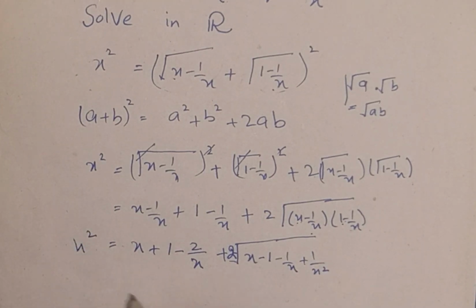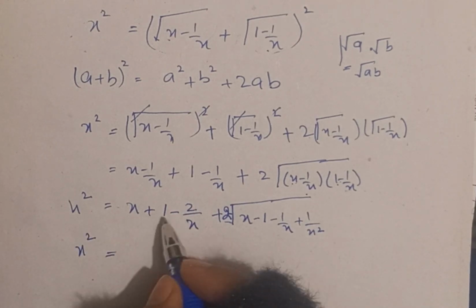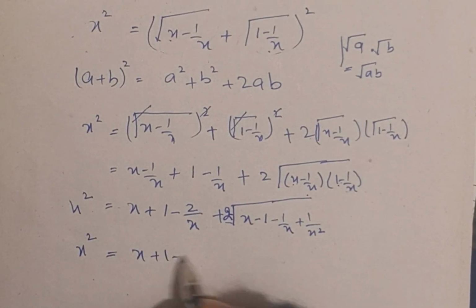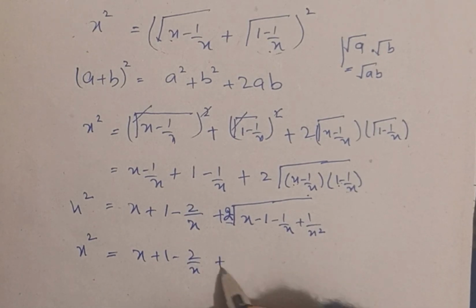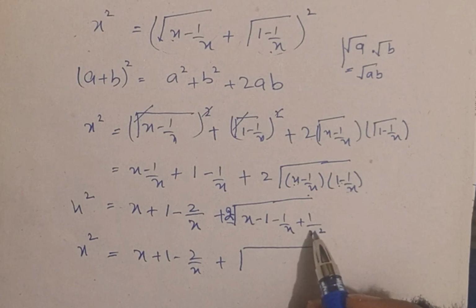equal to x squared. Now in the next step we copy the left hand side and this value: x plus 1 minus 2 over x plus, and look at this, we want to write the same denominator.